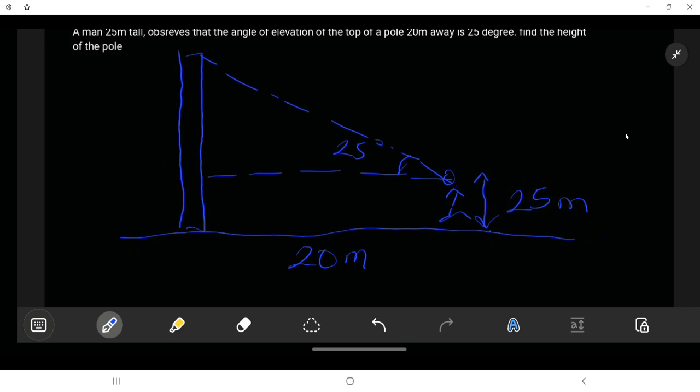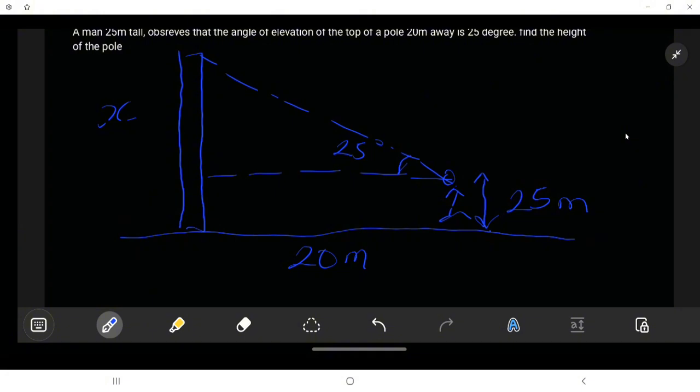Okay, we are going to find here, which is x. But there's more. There's a better way we could do this first. Looking at this height, you see the man is 25 meters already.